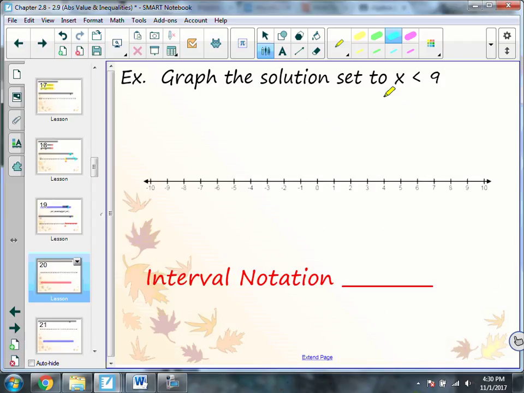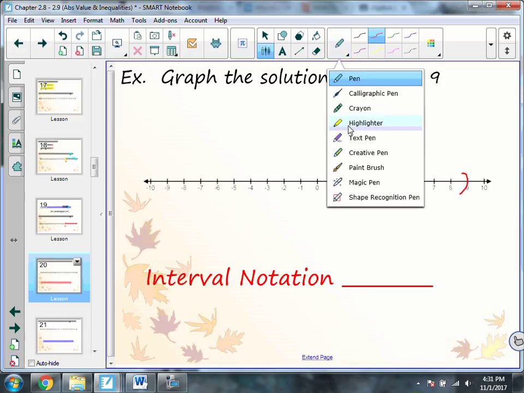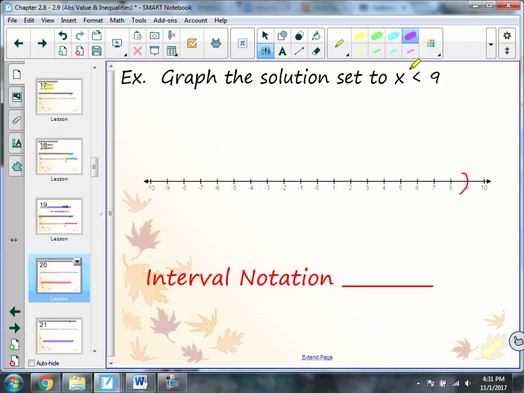If we were to graph the solution set to x is less than 9, I would go to 9. Because it's less than and not less than or equal to, I would use the parenthesis. I'm shading everything less than 9. Okay, and that is my graph: x values less than 9.